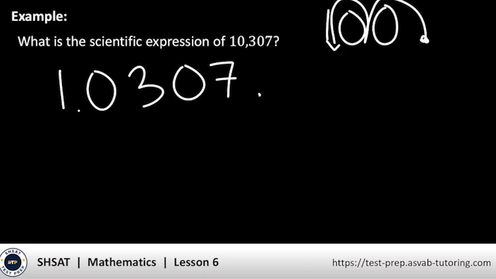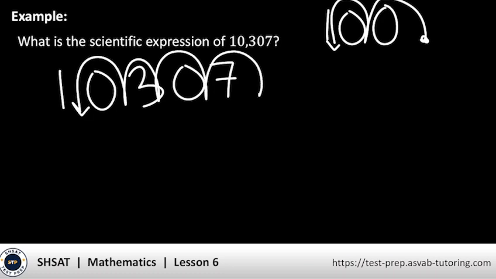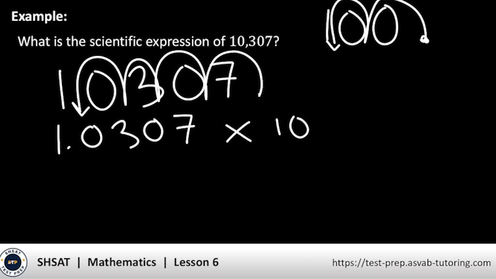So we need to drag it how many units? 1, 2, 3, 4. We need to drag it 4 units to the left. Dragging it 4 units to the left now gives me this, right? So moving the decimal point to the left will give me a positive power, and because it's 4, that gives me positive 4 in the power.